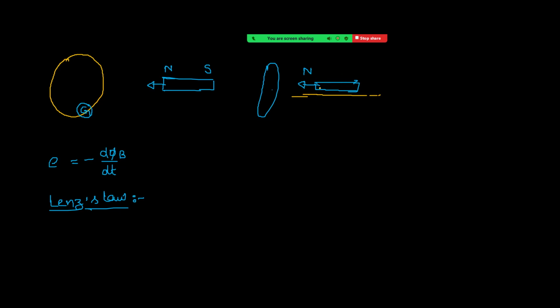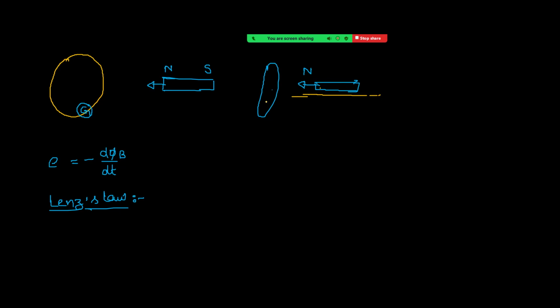Getting it? That's why this face becomes only a north pole. It cannot become a south pole. That means when the magnet moves towards the coil, if this is the north pole, this face becomes a north pole. So with this becoming a north pole, the current flows anti-clockwise. Okay.